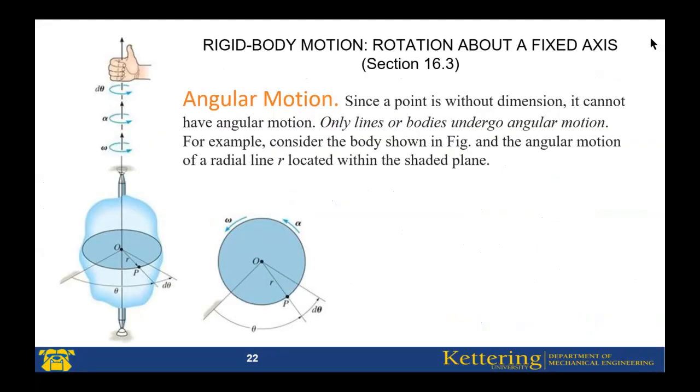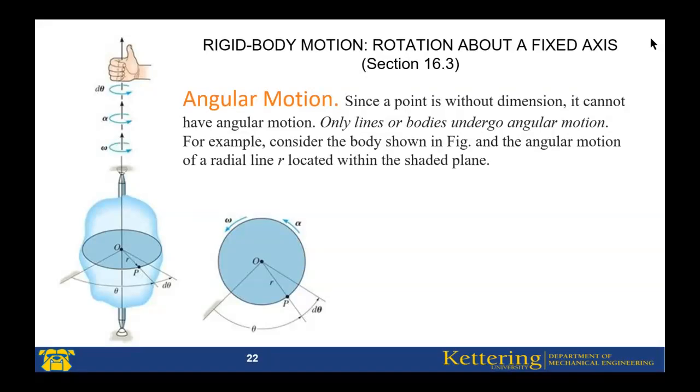For a rotation about a fixed axis, a rigid body rotates about this axis with angular velocity omega and angular acceleration alpha.